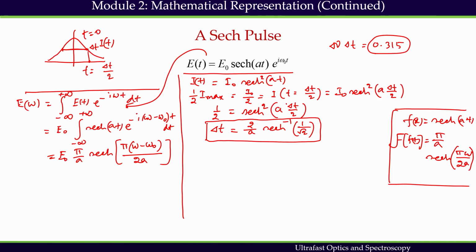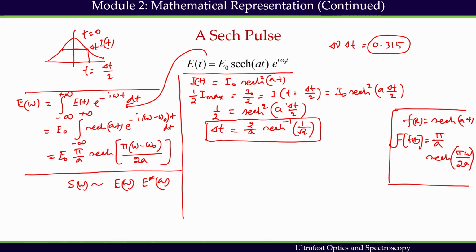So if we get the field in the frequency domain, then I can get the power spectrum in the frequency domain, which is nothing but S omega, nothing but E omega multiplied by E star omega, that we have to calculate.